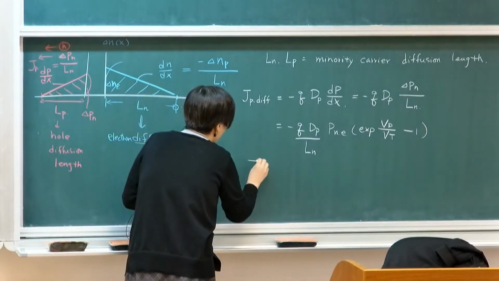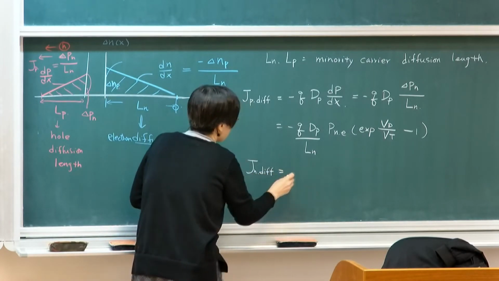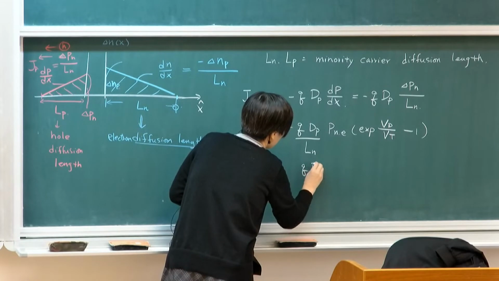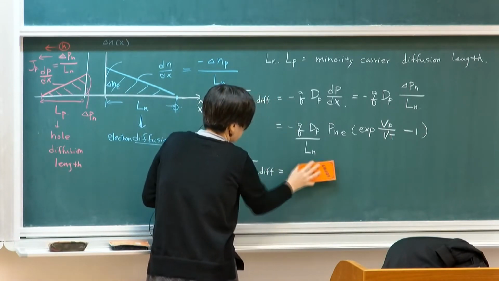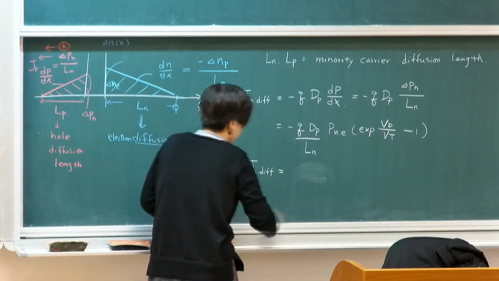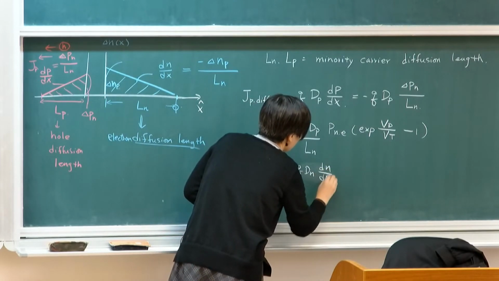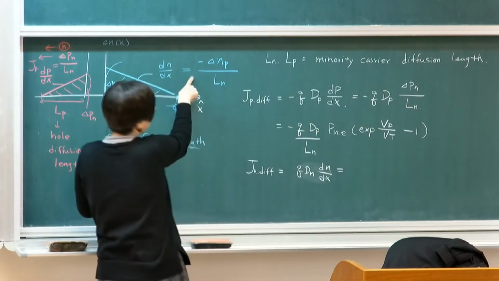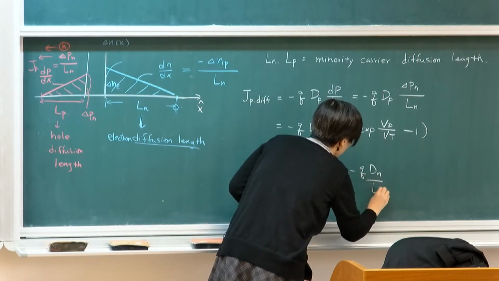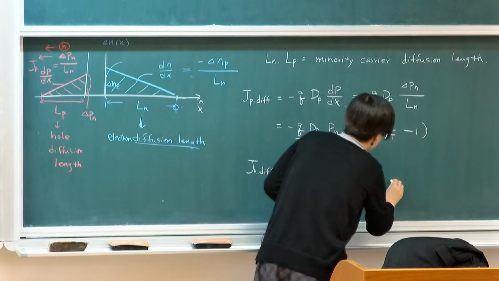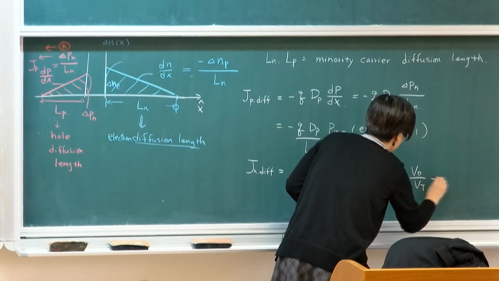And I could also write the electron current. It will be q D_n dn/dx, and by using this there will be a minus sign, delta n over L_n, times exponential of V_D over V_T, minus 1.